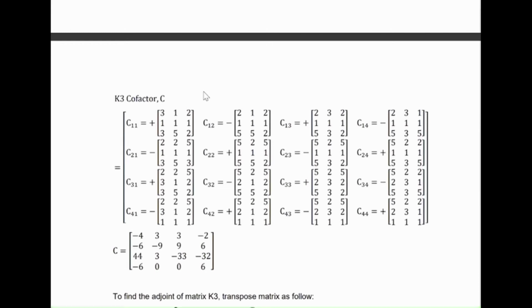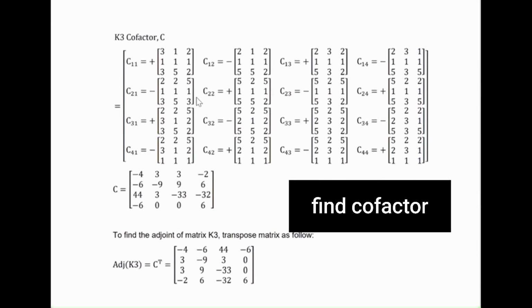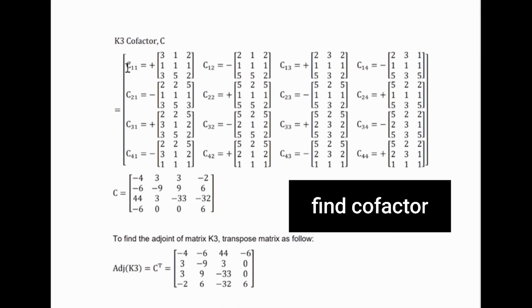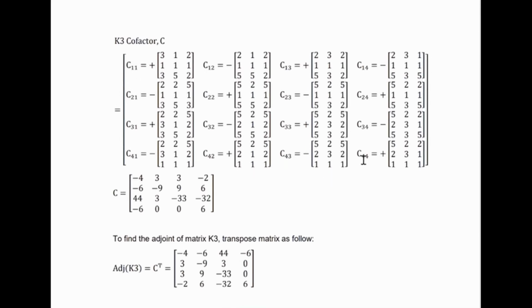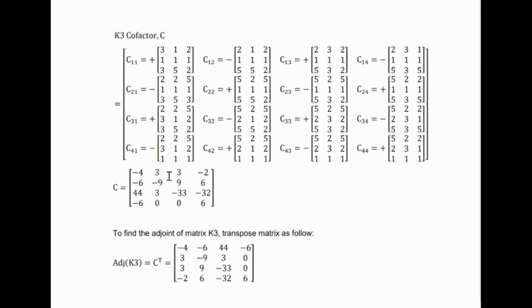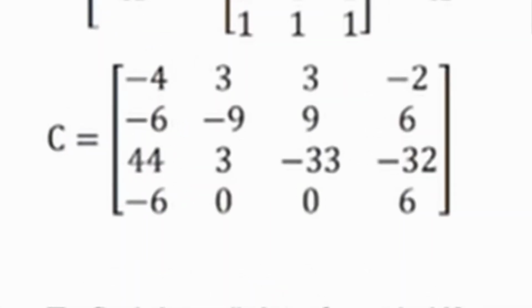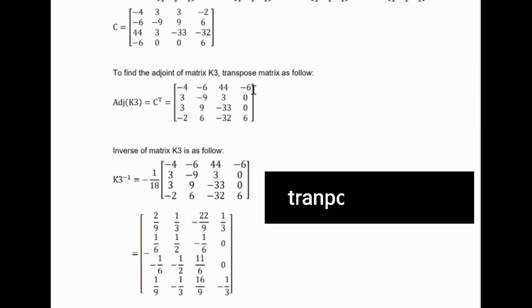Next, to find the cofactors, we have to find from C11 until C44, and the answers that we got for C are these. To find the adjoint, we need to transpose these numbers. The transpose will be this.